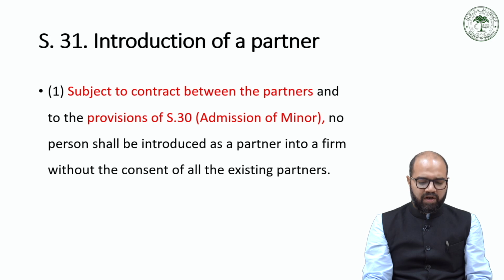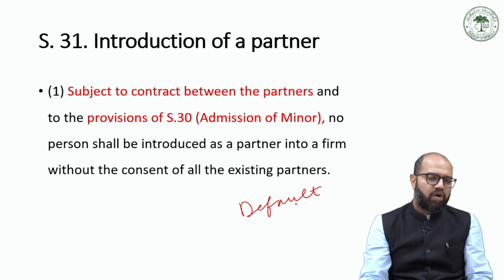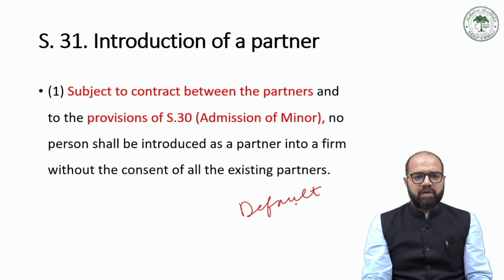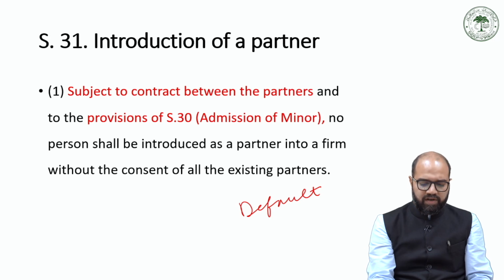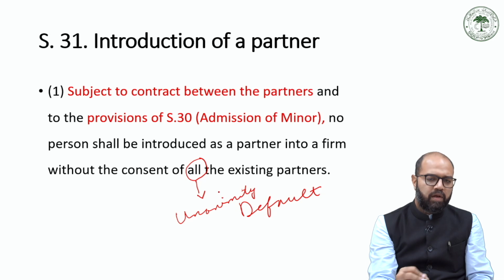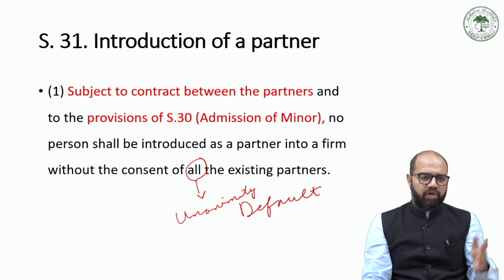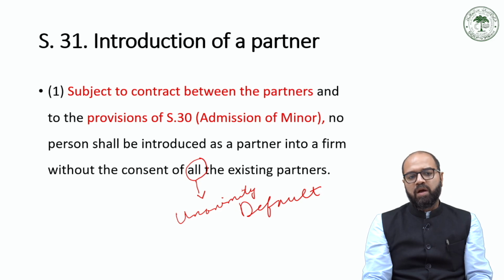So Section 31 is a kind of default law, and this default law or rule of thumb talks about the consent of all existing partners. The word all here signifies a degree of unanimity, that all partners should be on board if they have to introduce any new partner.